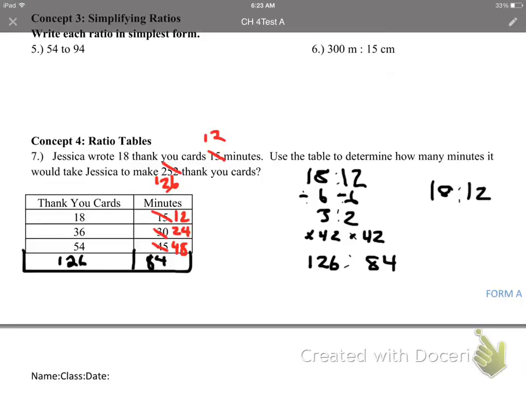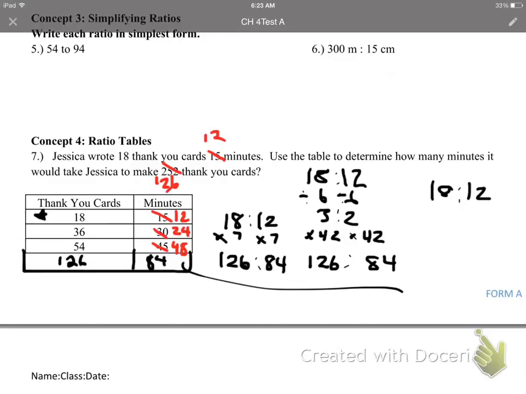So I really either had to work with one of these other ratios. So I could have worked with the 18. I worked with all of them in simplest form, which was 3 to 2. So if I wanted, I could have really done 18 to 12, and I knew the 126. So I could check and see if 126 is divisible by 18. 18 times 7. 12 times 7 gives me 84. So either way, I get the same answer. You just have to choose what you want to divide by. Up to you. Either way.